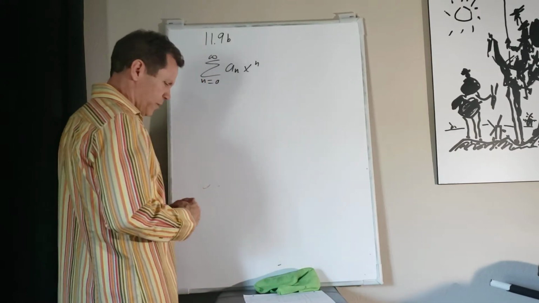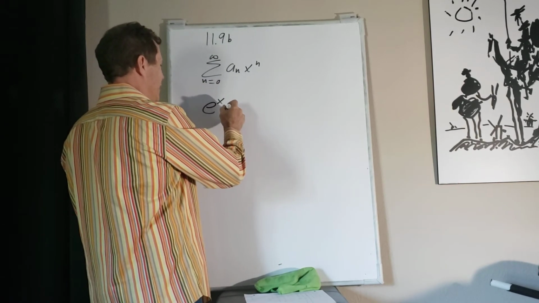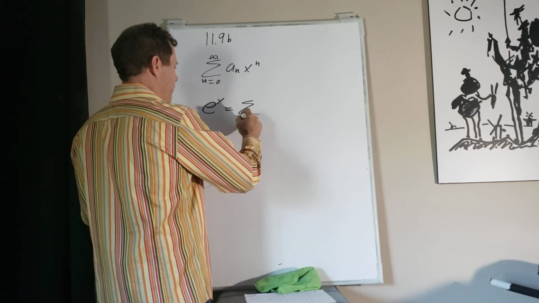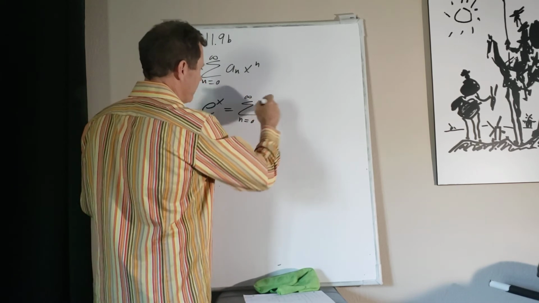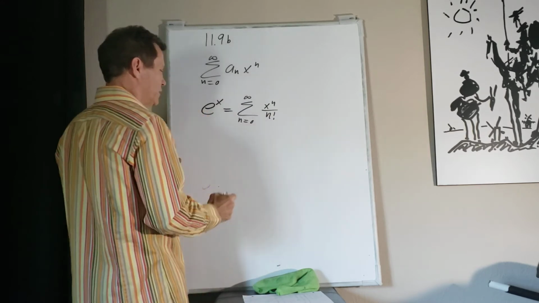Here's one use we might have of this. Now, in your homework assignment, and later on, we're going to do e a lot. This is going to be the one we use a whole bunch. e to the x ends up being the sum from n equals 0 to infinity of x to the n over n factorial. So what does that look like?